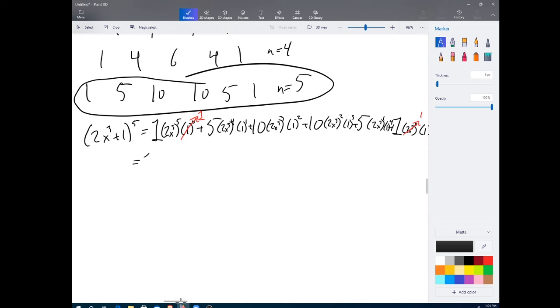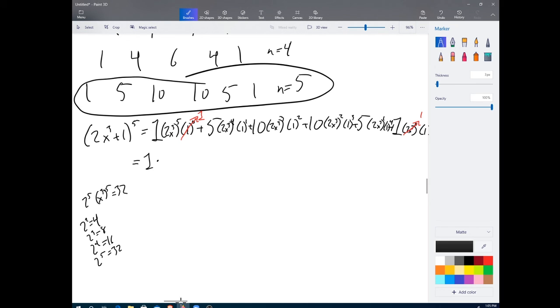So I have 1 times, let's take care of 2 to the 5th and x cubed to the 5th. 2 to the 5th, let's see, so 2 squared was 4, 2 to the 3rd was 8, 2 to the 4th was 16, 2 to the 5th is 32.